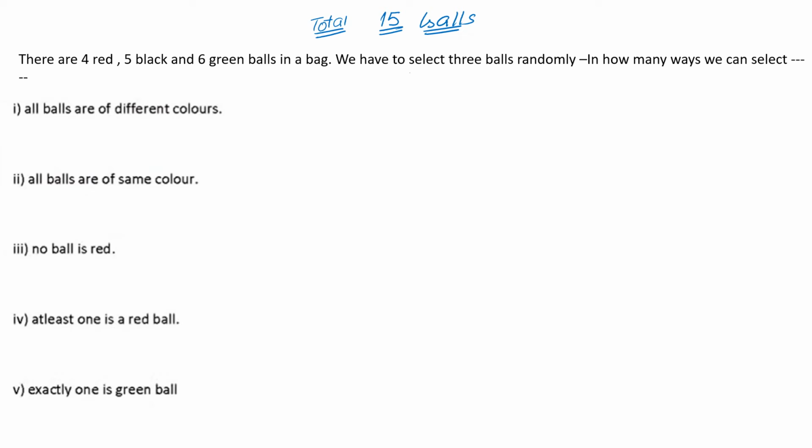We have to select. If the word selection is coming, of course I will use combination. So we have to select in total 3 balls. In how many ways can we select? Question number 1: all balls are of different colors. All balls being different colors means one red ball, one black ball and one green ball.